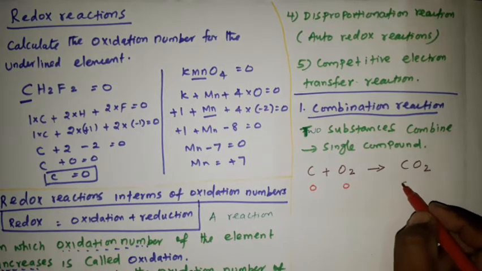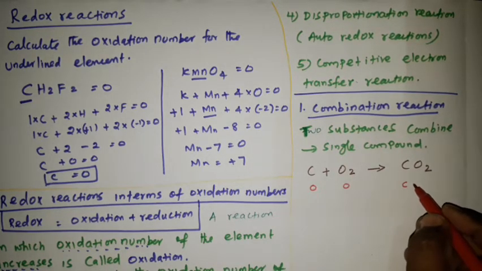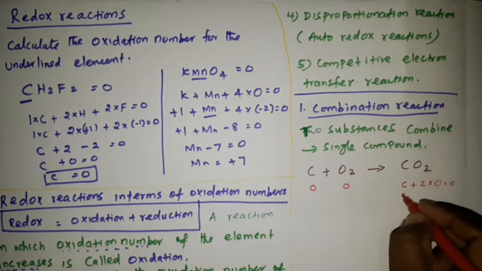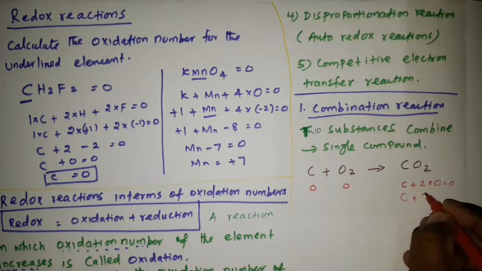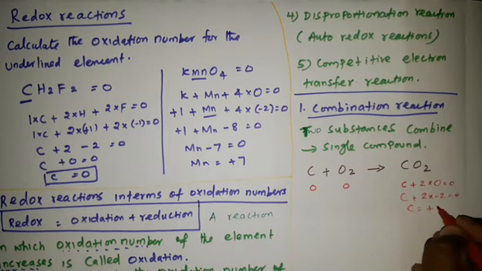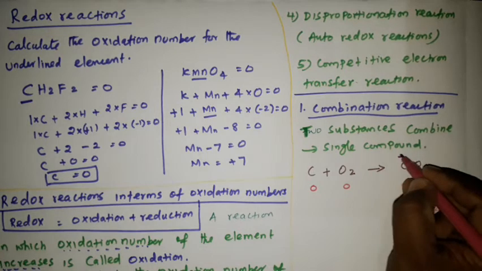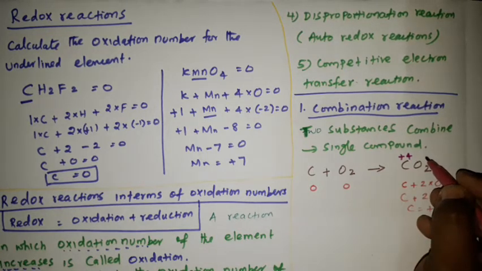So carbon plus 2 into -2 equals 0, so carbon will be +4. The oxidation number of carbon is +4, and oxygen is -2.